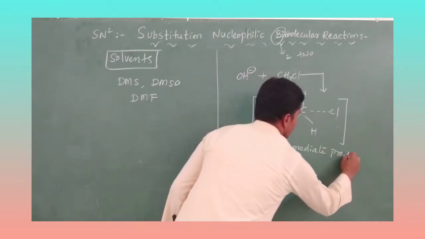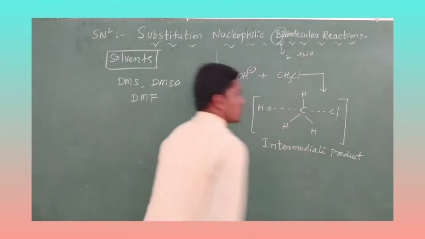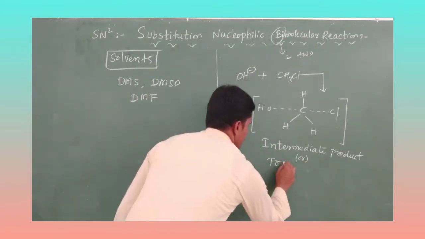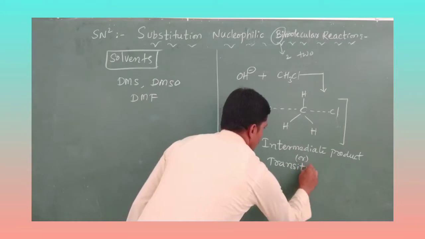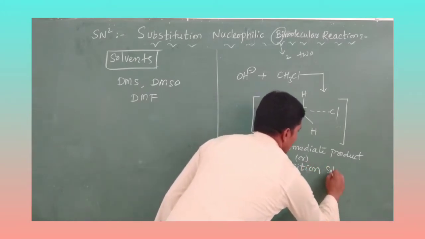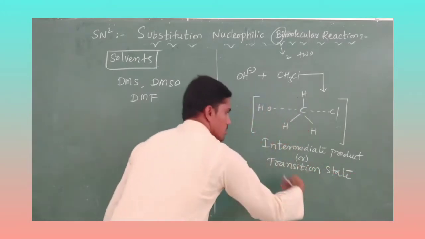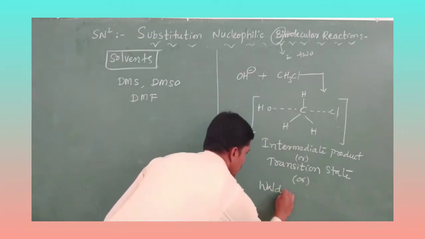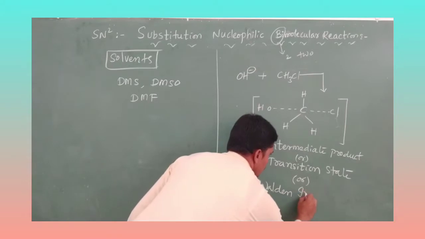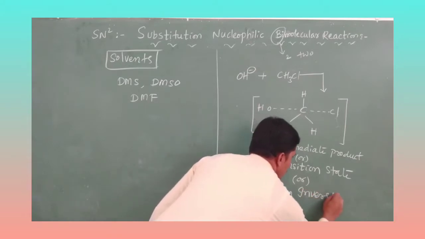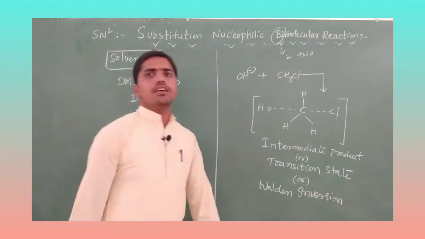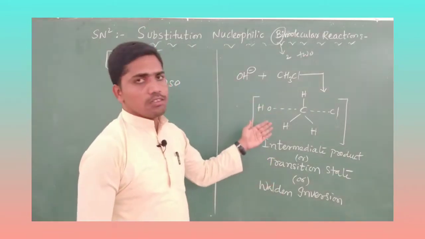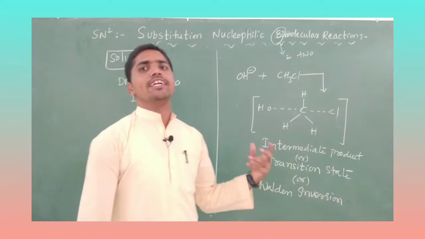This intermediate product is also known as the transition state, or Walden inversion. Once again, before we get the product, we get an intermediate product.